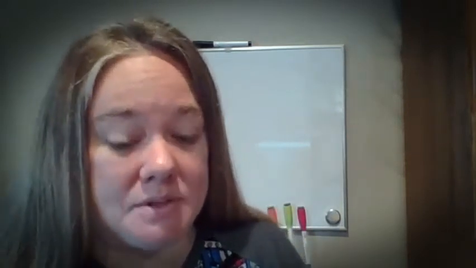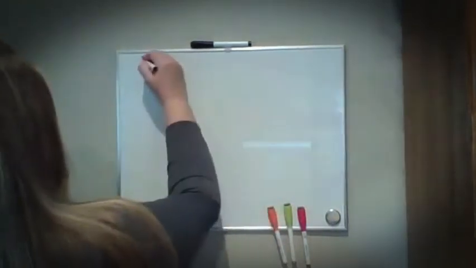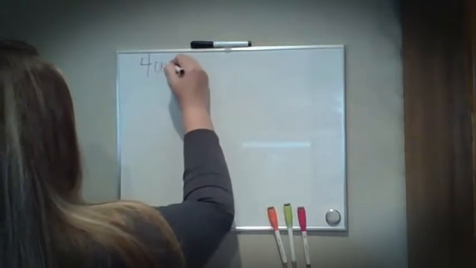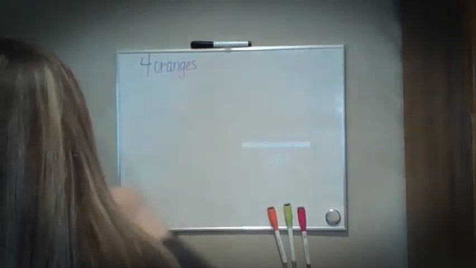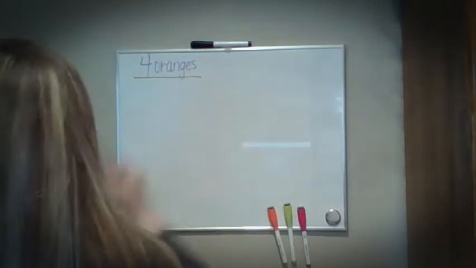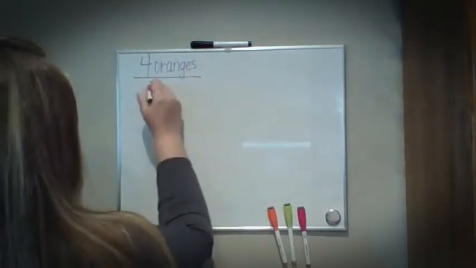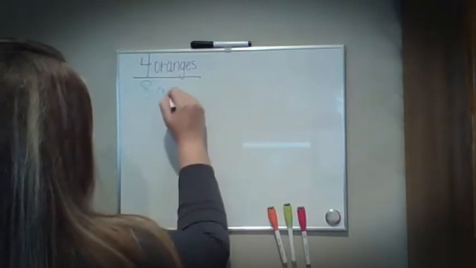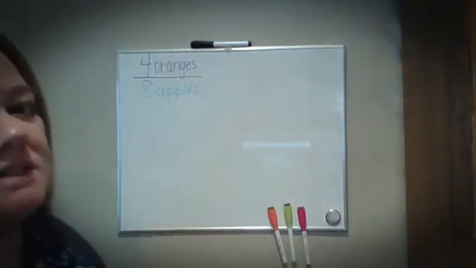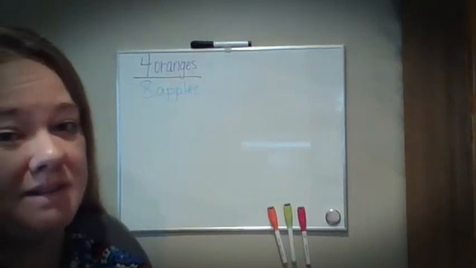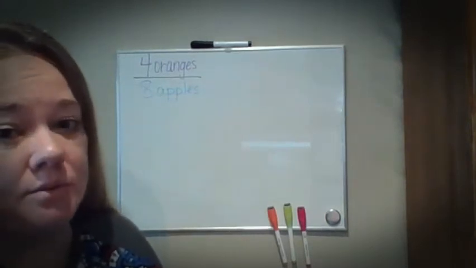So I know that I have 4 oranges for every 8 apples. So I'm going to write that down. 4 oranges per 8 apples. Okay, knowing that, I have to say to myself, that means I have how many pieces of fruit?